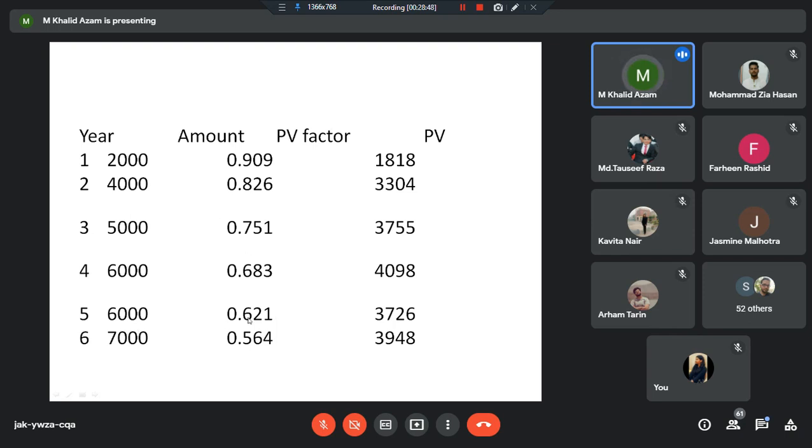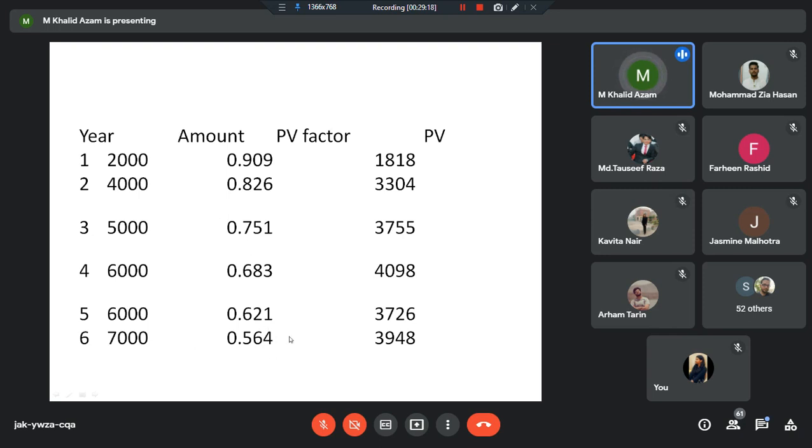So 6000 multiplied by 0.621 is only 3726. The 6000 at the end of the fifth year, at the same rate of discount, has a value of 3726.